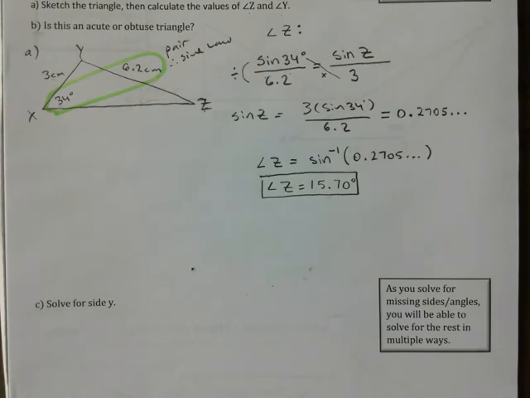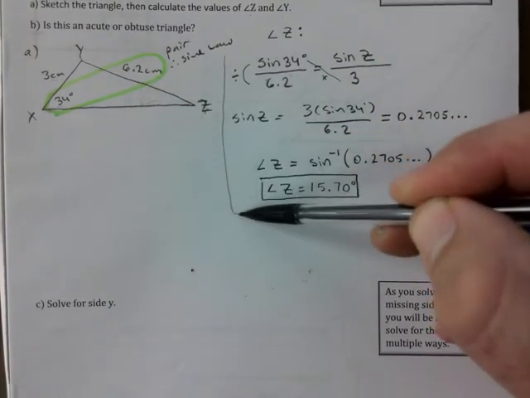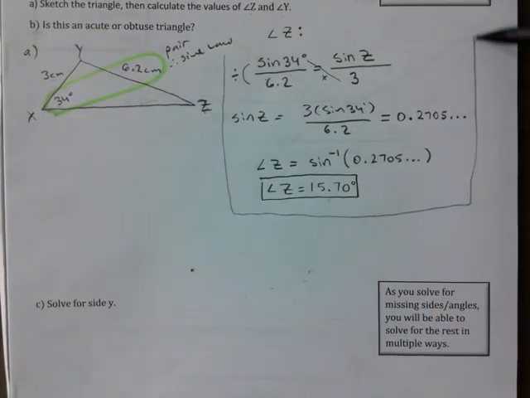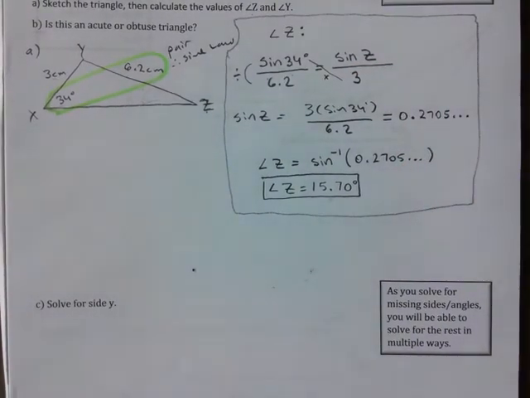We're done with that. We're still asked to solve for angle y, correct? Let me box this in a little bit. All right, this is what we did to find angle z. Okay, boom, that's there. And for angle y, we're going to use the sum of triangles, 180, right?